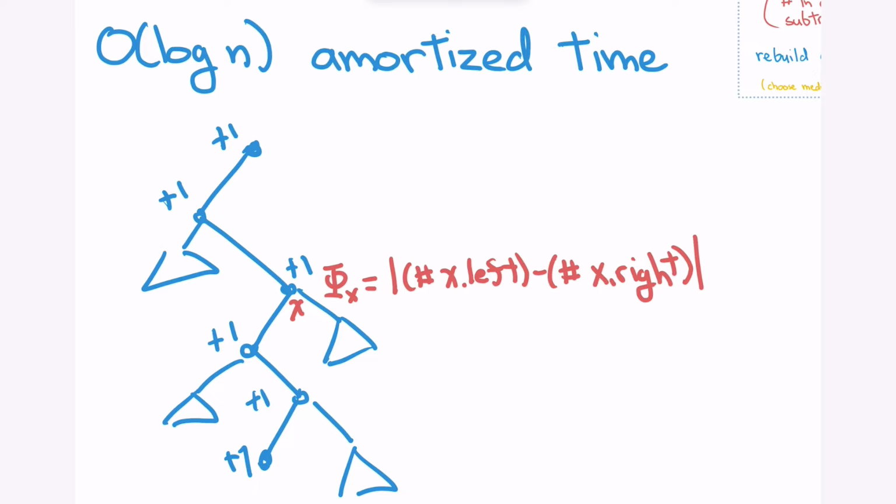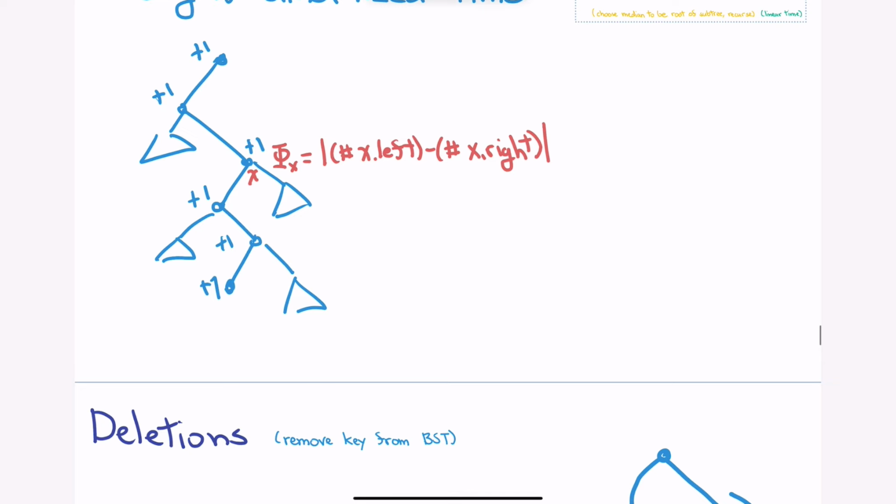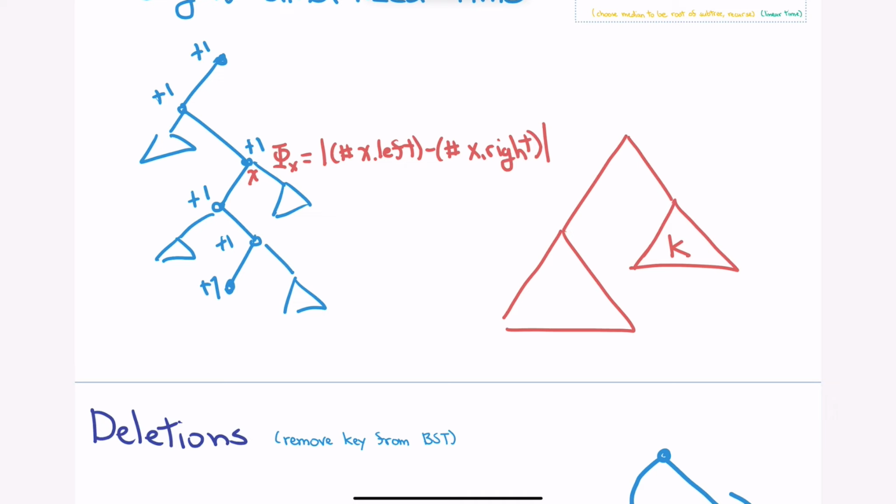Now, when I find myself fixing an unbalanced tree, this will have like k vertices, and this will have at least 2k vertices, for some k. And our potential for this node will be at least k, because one is twice as big as the other.